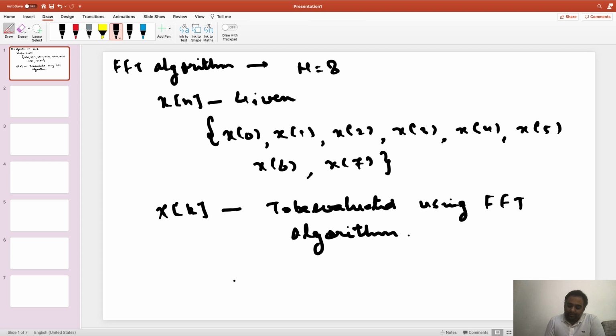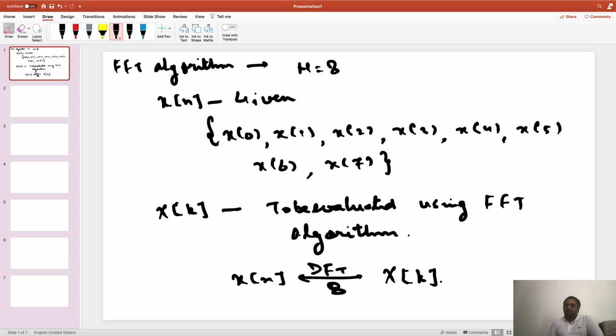I can write it as follows: x[n], 8-point DFT, gives X[k], and we have to do this, as I said before, using FFT. So this is the task in hand.